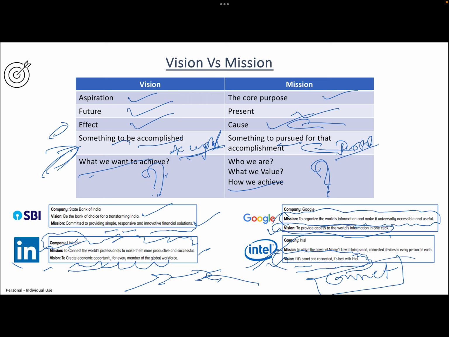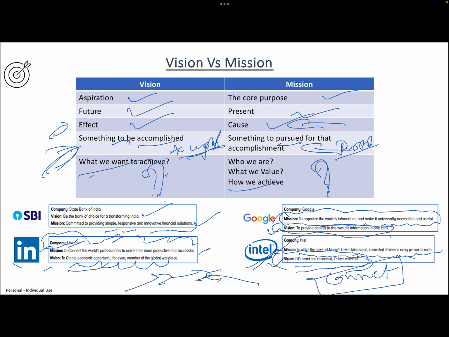And then the mission statement: to utilize the power of Moore's law to bring smart connected devices to every person on earth. Okay, this is how vision and mission statements look for large companies, and you can go through Google and find many vision and mission statements.